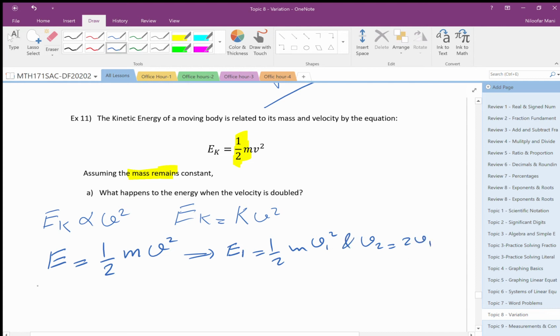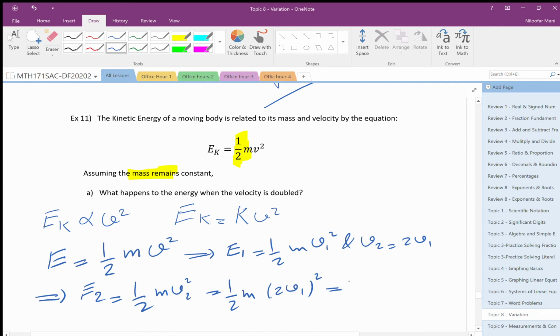Now I continue. I want to see what happened to energy, so I start from energy 2. Energy 2, from the original formula, is 1 over 2 m v2 squared, and v2 is 2v1 squared. Remember, 2v1 inside the bracket because everything is squared.